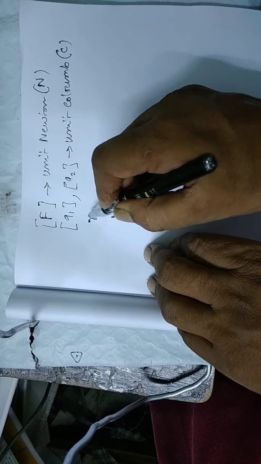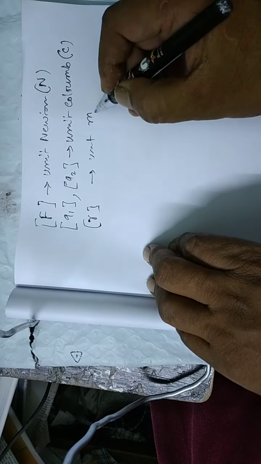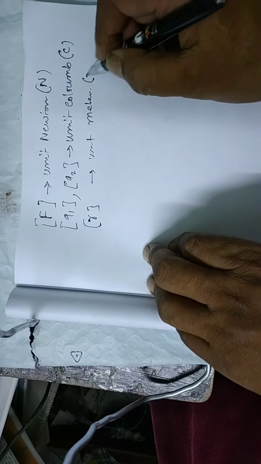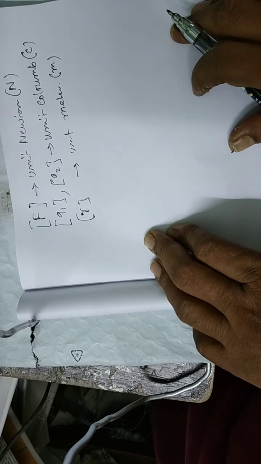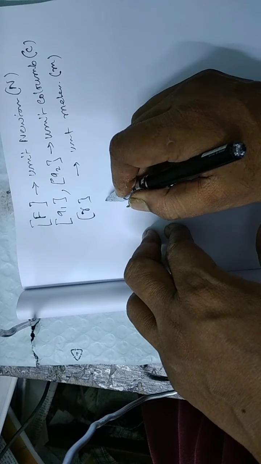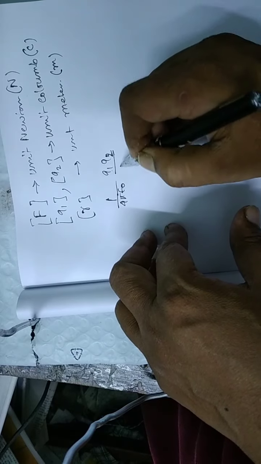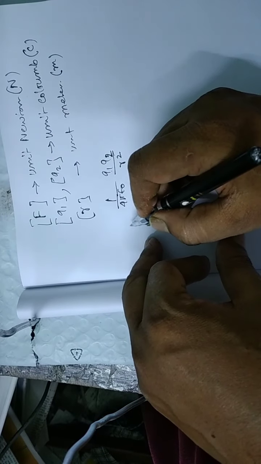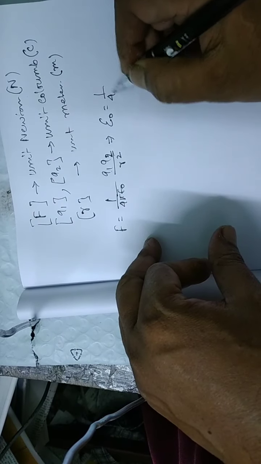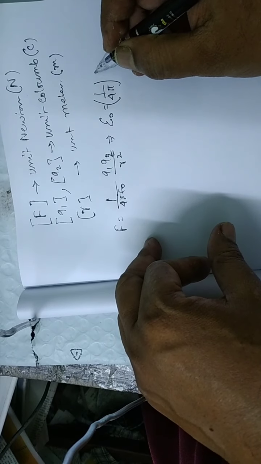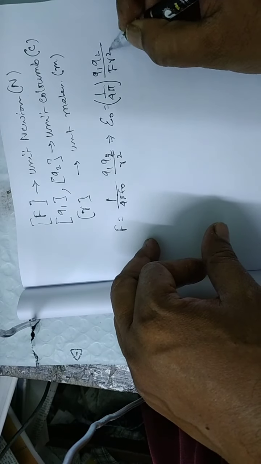R is in meter, that is length. So we can say 1 by 4 pi epsilon naught Q1 Q2 by R square is F, which means epsilon naught equals Q1 Q2 by 4 pi F R square, a constant with no unit for 4 pi.